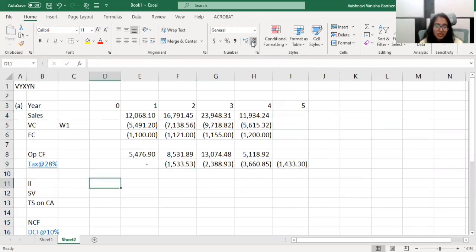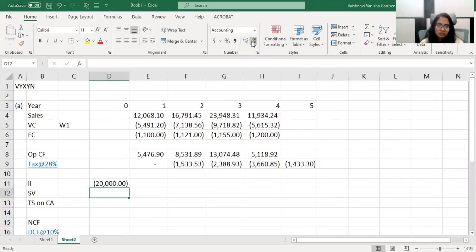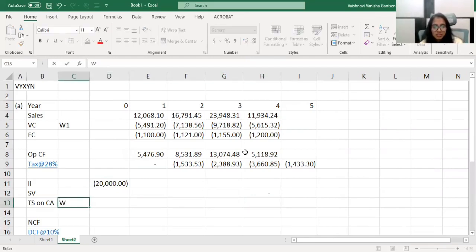Your initial investment, I remember it was 20 million. Scrap value is 0. Tax saving on capital allowance, working number 2.